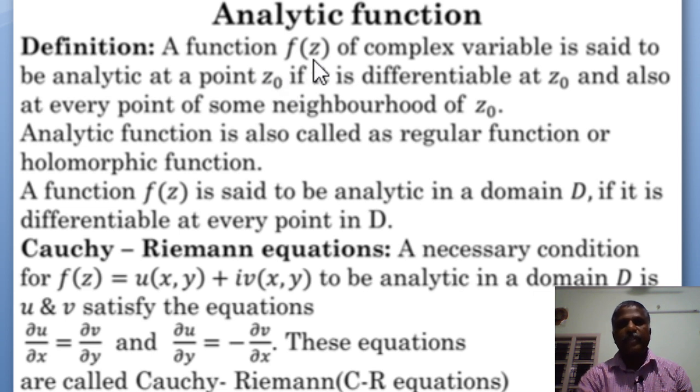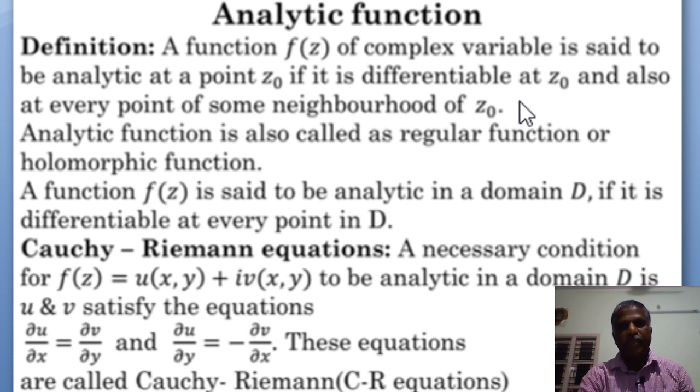A complex function f of z is said to be analytic at a point z0 if it is differentiable at z0 and also at every point of some neighborhood of z0.